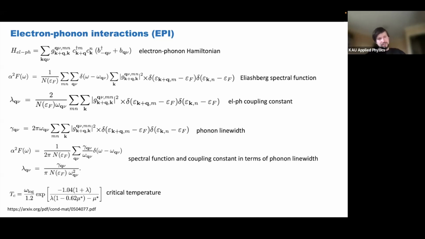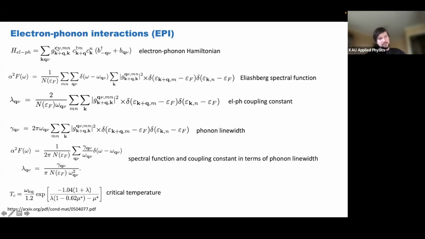Then we can get this electron-phonon coupling constant, and with this we can simplify our goal. Our goal is to get the critical temperature. By calculating this critical temperature, we will calculate all this stuff. We will calculate the spectral function, and we will build this spectral function. We will get this electron-phonon coupling constant lambda, and how it is simplified inside our code.